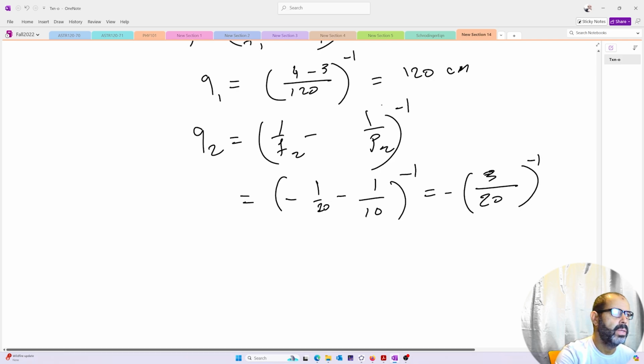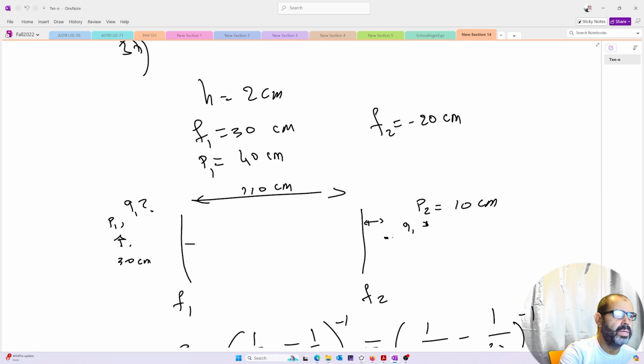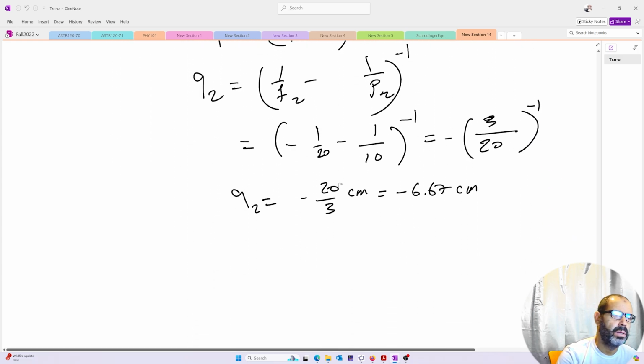Which means Q2 is equal to negative 20 over 3 centimeters, which is slightly more than 6. Actually, it's negative 6.67 centimeters, because 20 divided by 3 is 18 over 3, which is 6, and then you have 2 over 3, so 6.67. So the image is actually going to be here somewhere. If this is 10 centimeters from this lens, the image is only 6.67 centimeters from this lens, slightly more than midway. So that's where the final image is, okay?